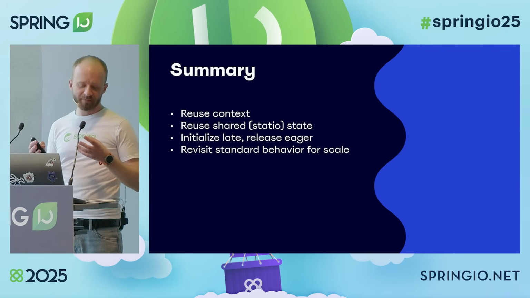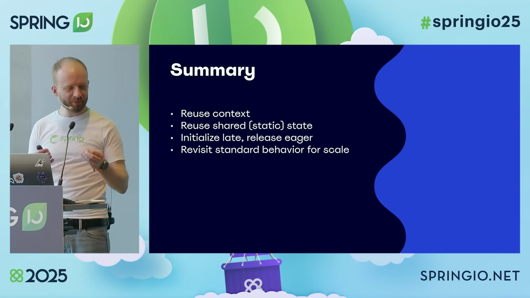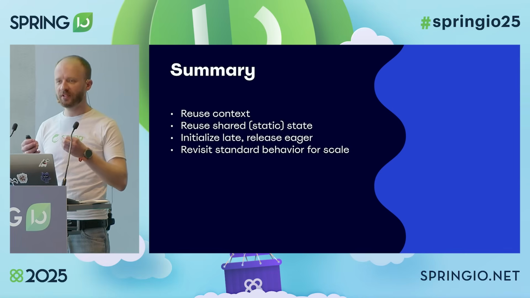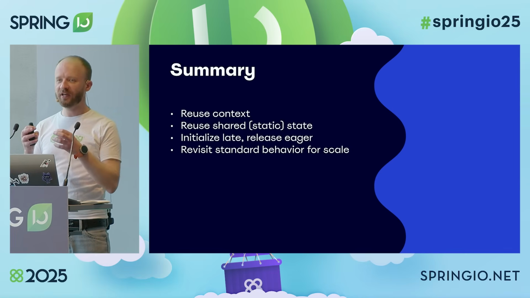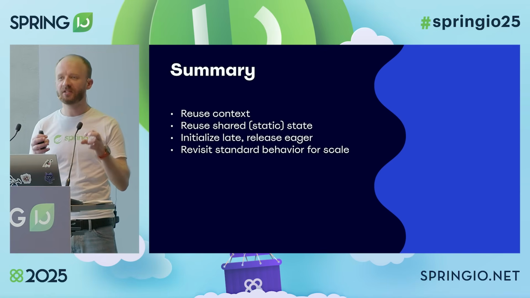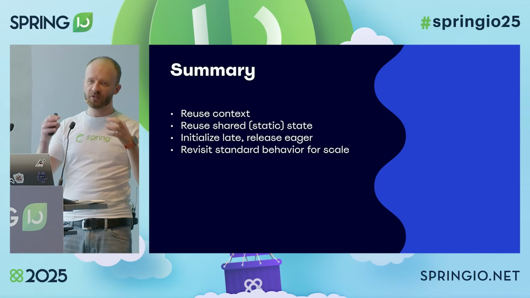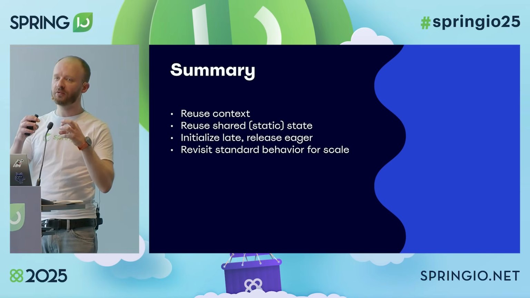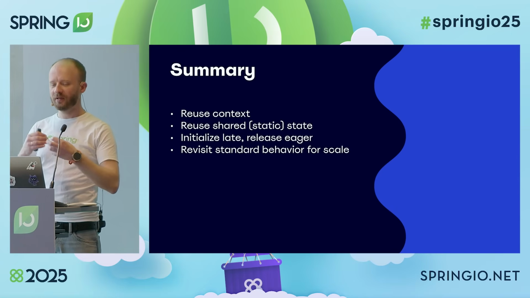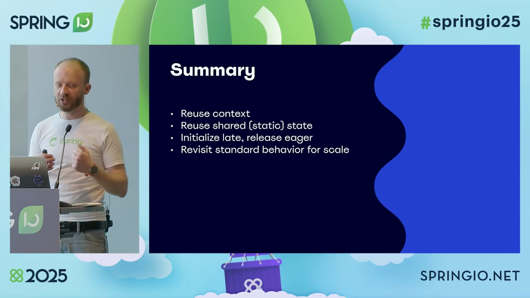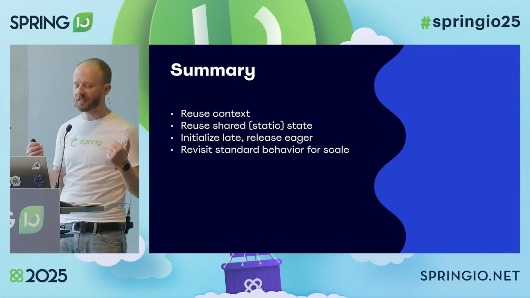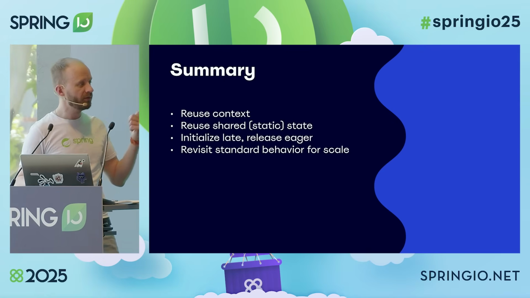Also, I'd like to appreciate the huge work that the Spring Boot team did to simplify things and hide the complexity. But if you work at scale, you need to understand how it works under the hood and go a bit backwards to change the standard behavior, because it doesn't scale well on very big projects.